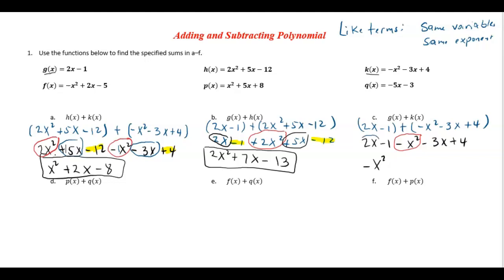I have 2x here and negative 3x here. So I can say 2 minus 3, which is negative 1. So negative 1x becomes negative x. When it's 1, you don't have to put it. And then I can do the numbers. I got negative 1 here and plus 4 here. So negative 1 plus 4 is plus 3. And that's your answer.